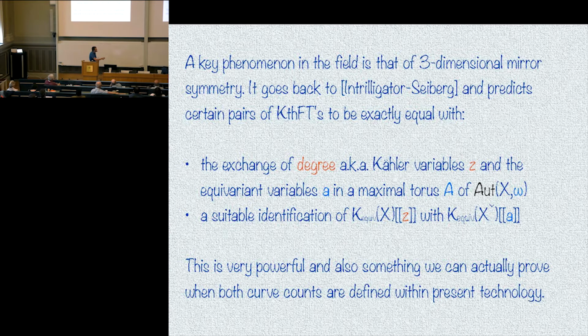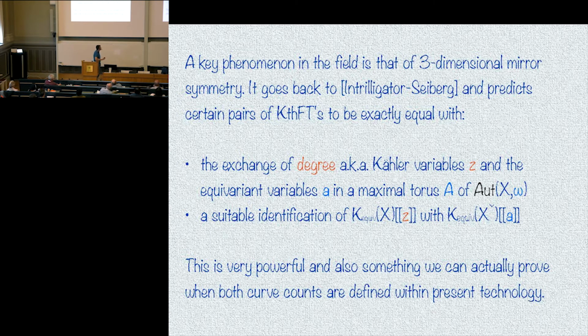That torus will be denoted A. And these two tori are permuted under 3-dimensional mirror symmetry. And then of course you have to identify the insertions, because insertions in one case take values in the covariant K-theory of X and power series in z, and on the mirror side it's the other way around. So you have to really specify how you identify these two spaces, but that will be uniquely fixed by what I'm going to say later.